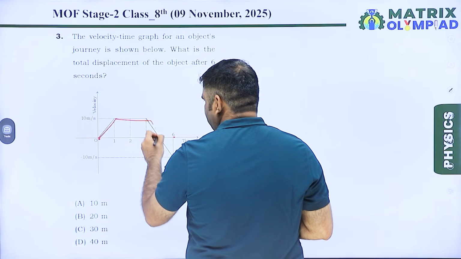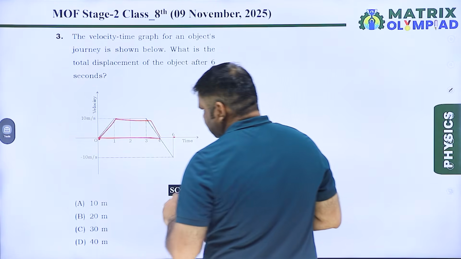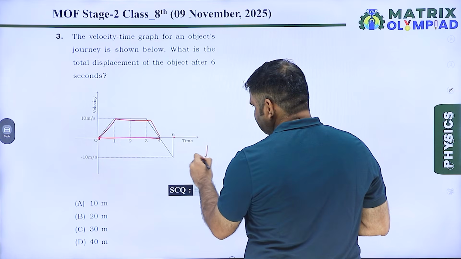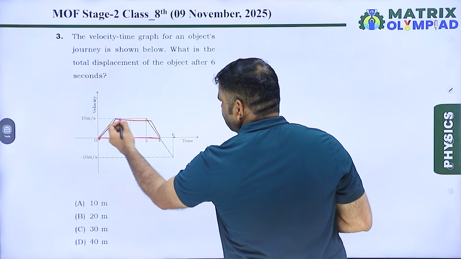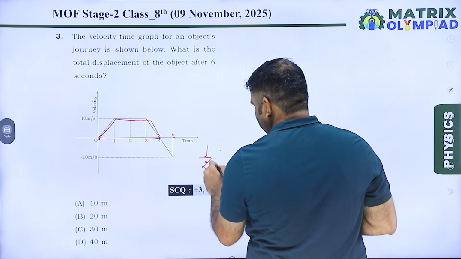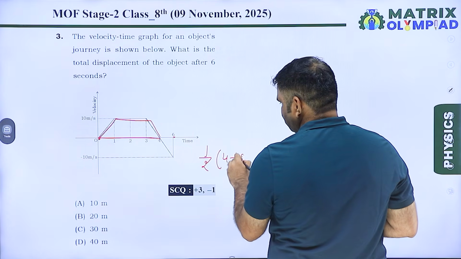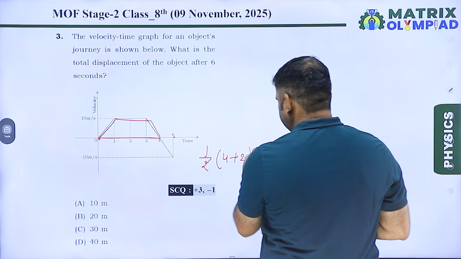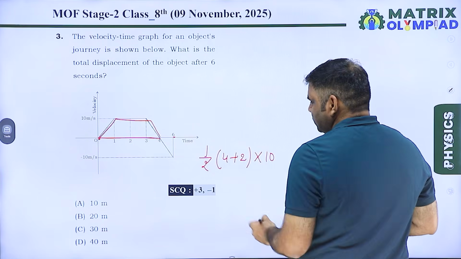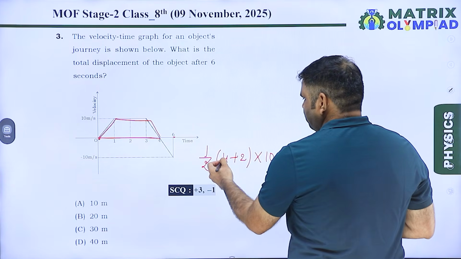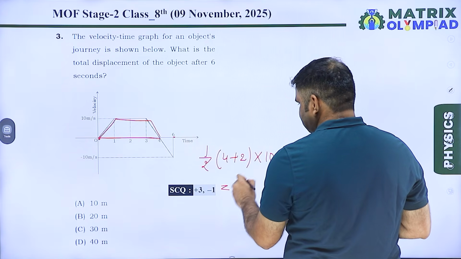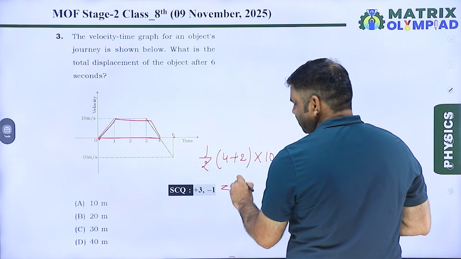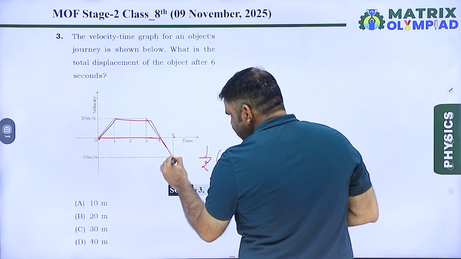From 0 to 4, this is a trapezium. So area of trapezium is 1 by 2 into sum of parallel sides, so 4 and 2, multiplied by height, so 10. So 4 plus 2, 6. 6 divided by 2, 3. 3 multiplied by 10, 30. And this is a triangle.